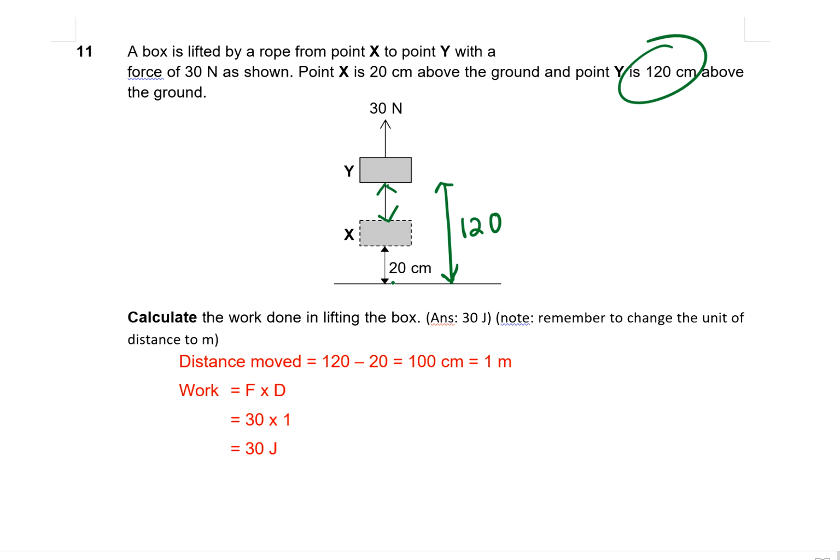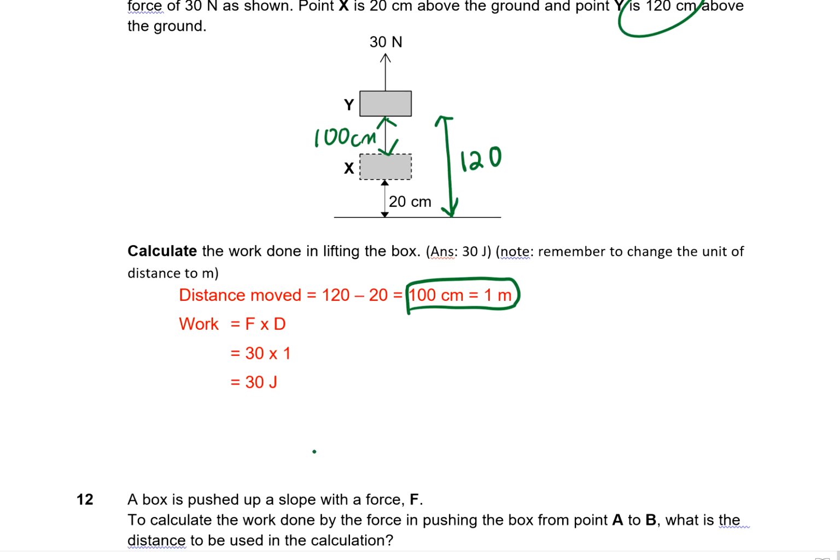So 120 minus 20, so this is 100 centimeters, which is also equal to 1 meter. So we know the box moved 1 meter. And how much force did we apply? We applied 30 newtons. Okay, so when you pull with 30 newtons, the box moved 1 meter in the same direction as the force, then the work done will be 30 joules.